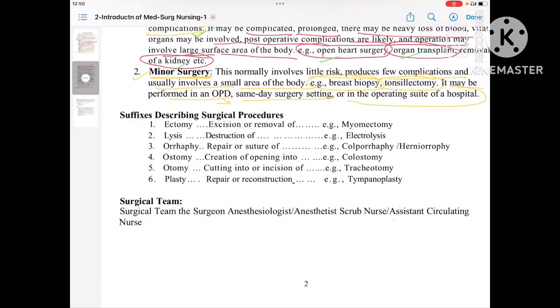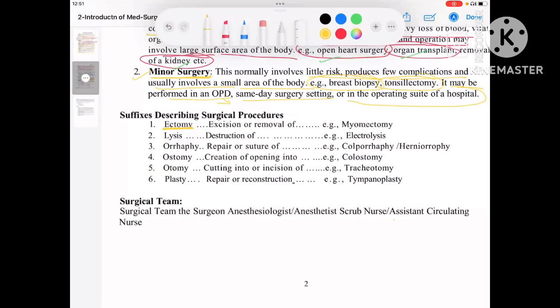I hope you have heard some of these medical terms or medical words. So let's see, what is ectomy? Ectomy means excision or removal, as in myectomy. What is lysis?